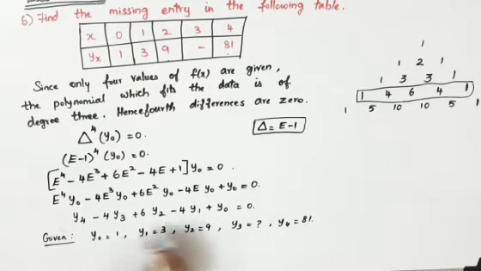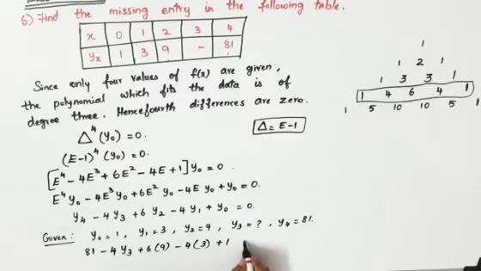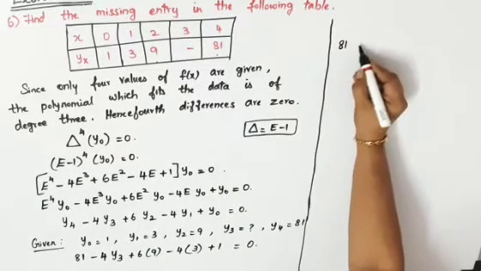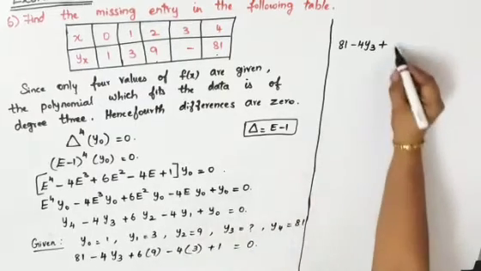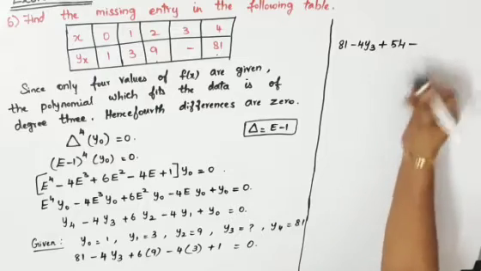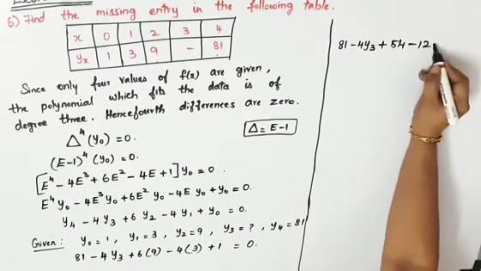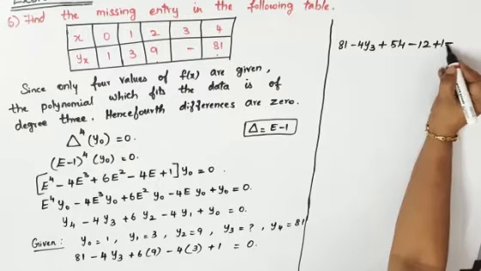Now substitute all these values in this equation. So y4 is 81, so straight away the first value is 81. Minus 4 into y3. You don't know your y3, so leave y3 as it is. Plus 6 into y2, which is 9. Minus 4 into y1, which is 3. Plus y0, which is 1, equal to 0. So 81 minus 4y3 plus 6 nines are 54, minus 4 threes are 12, plus 1 is equal to 0.